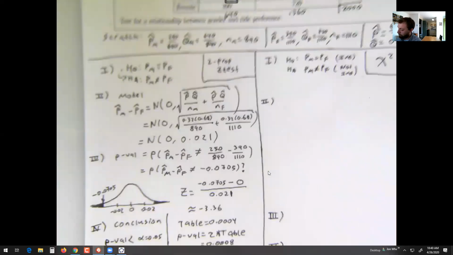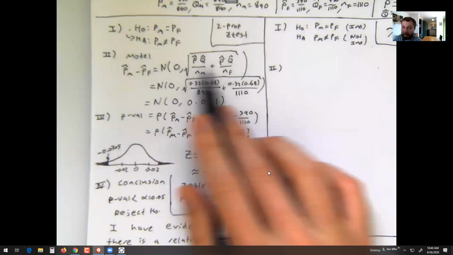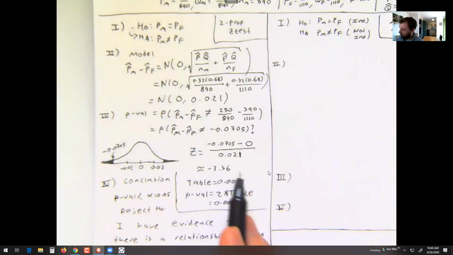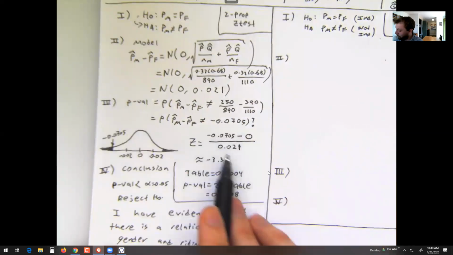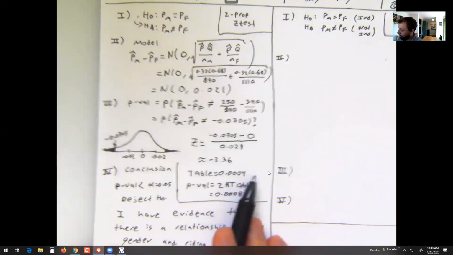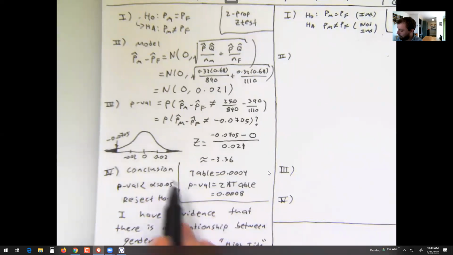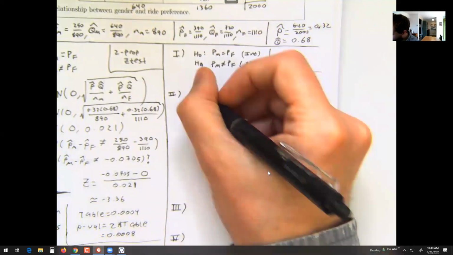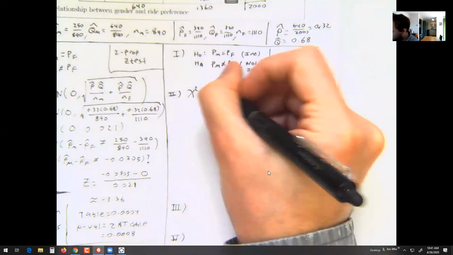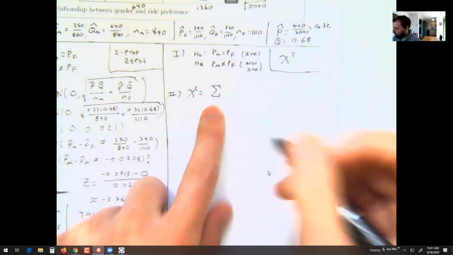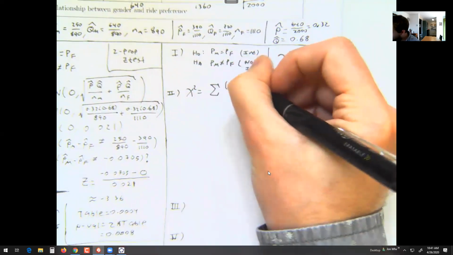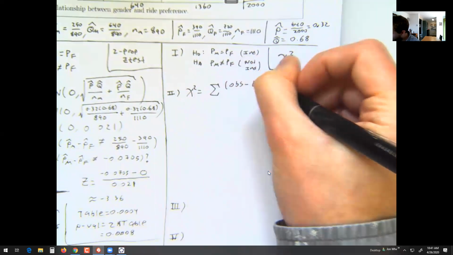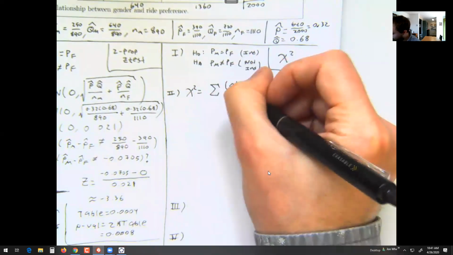So this process again: hypotheses, my model, I had to pool when I did the model, that's okay. I found my z-score, I looked the z-score up, it's a 2-tailed test, and I had evidence of a difference here. Let's see the same thing now as chi-squared. Reminder of how chi-squared works. This looks at the sum, this means add, of the values that I observed minus what I expect, squared, divided by the expected.